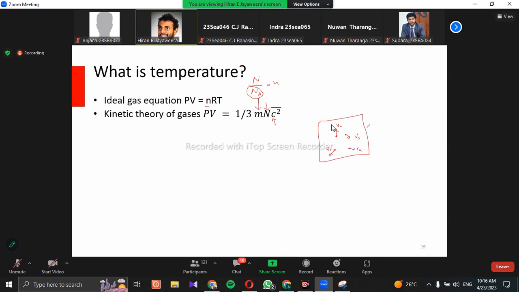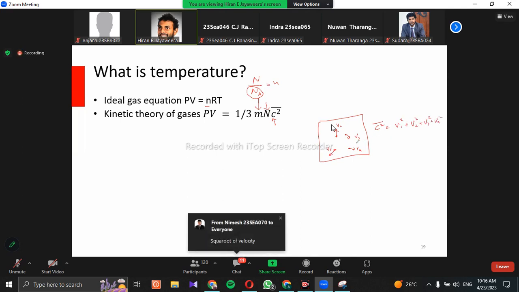So C squared bar is basically: you square V1, plus V2 squared, V3 squared, V4 squared. Assuming there are only 4 molecules, you sum it up, then you take the average, you divide it by 4.